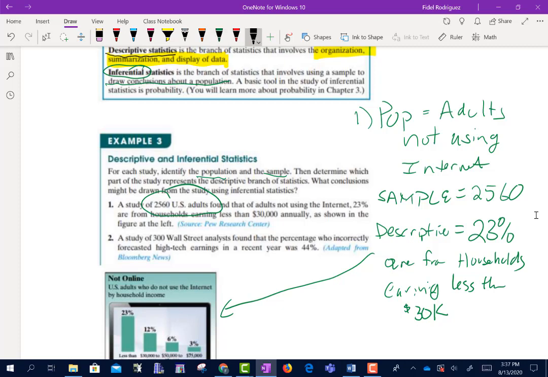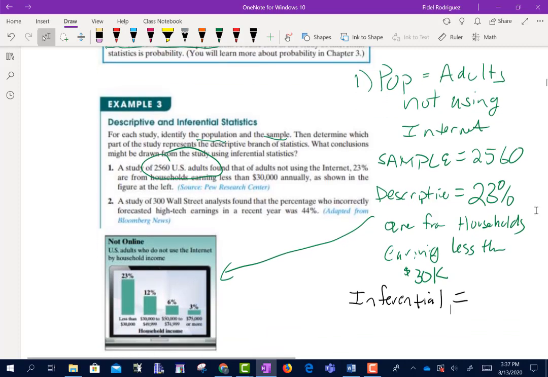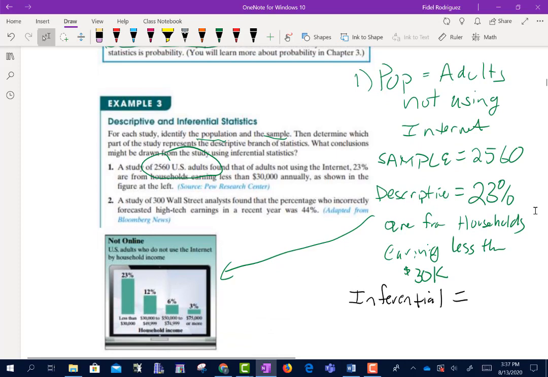Then what we're going to say now is, what about the inferential part? Okay, so what can we conclude from this, right? So we have people who don't use the internet, right? These are adults who don't use the internet, and we found that 23% come from households who earn less than $30,000 annually, right? So if you notice, look at those percentages and look at those incomes.